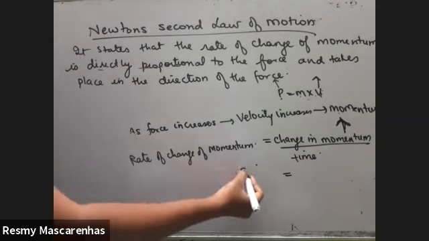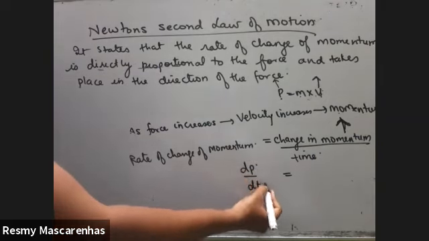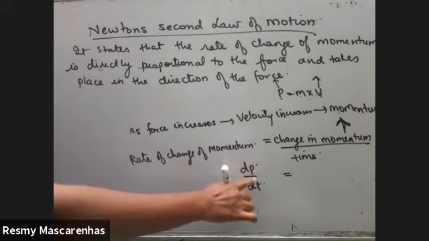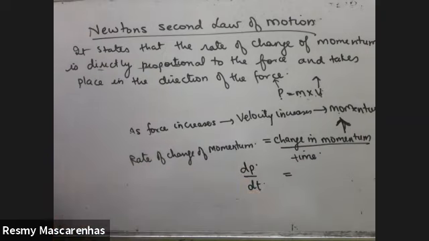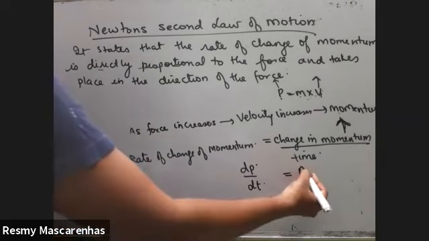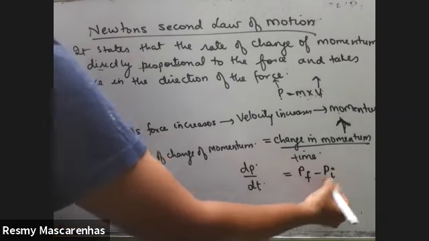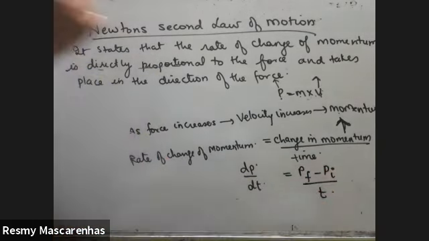So this is given to you as dp upon dt. Change in momentum per unit time, which is nothing but your final momentum minus initial momentum. Same as velocity: how we had change in velocity is nothing but final velocity minus initial velocity upon time. So change in momentum will be nothing but final momentum minus initial momentum upon time.